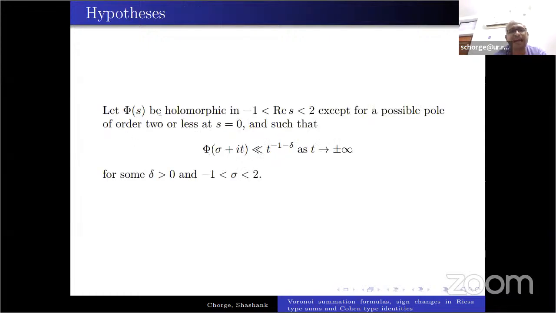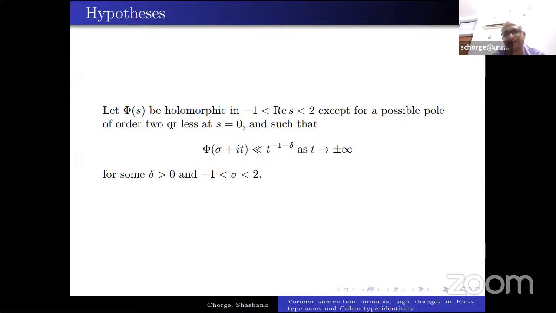Similarly, now we go with the hypothesis phi of s. Phi of s is a holomorphic function in the strip, but here we are having a weaker restriction: phi of s can have a pole of order 2 or less at s equal to 0. In the previous hypothesis, phi of s was completely holomorphic in the strip.